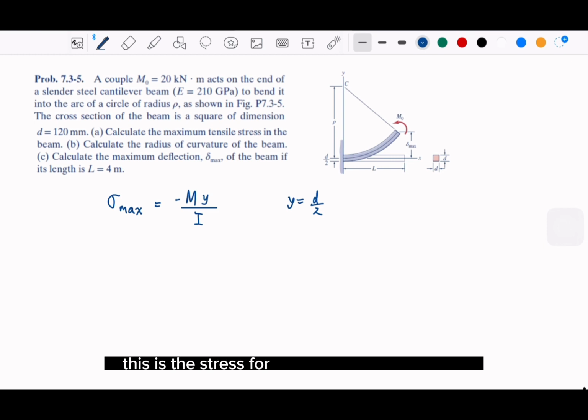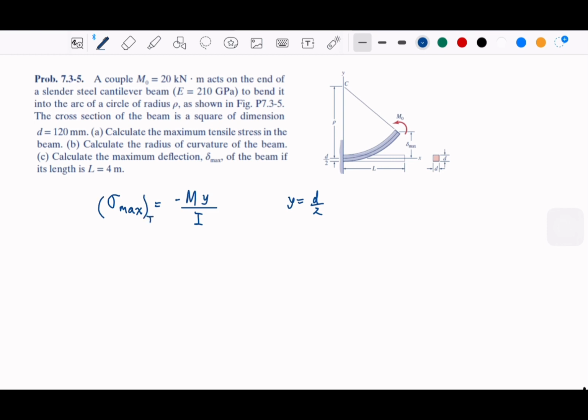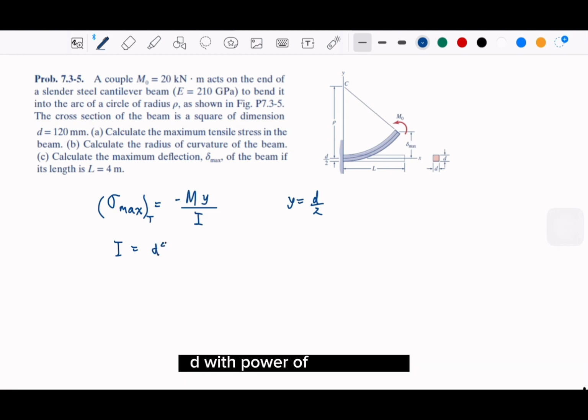This is the stress for tension. And then the inertia is just d to the power of 4 divided by 12. And then we are going to input this inertia inside this sigma max.